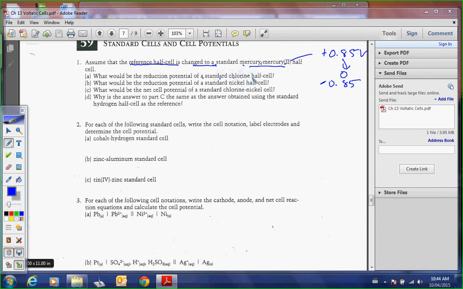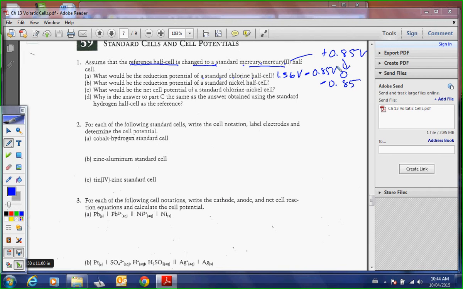So when the reference half cell is hydrogen, chlorine is 1.36 volts. Everybody okay with that? But if I changed it to the mercury one, it wouldn't be 1.36, but it'd be 0.85 less than that.